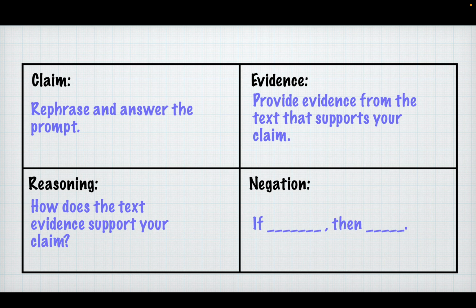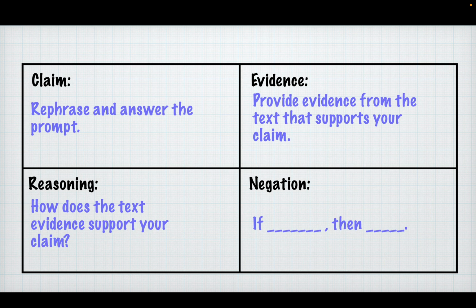And then you could also choose to wrap it up with an "in the end" and just kind of wrap up your whole paragraph. That would make 5 sentences. You only need 3 sentences for this, and that's why the negation is optional. But when it comes to the grading of this, claim, evidence, and reasoning.